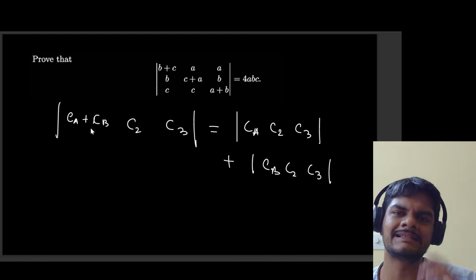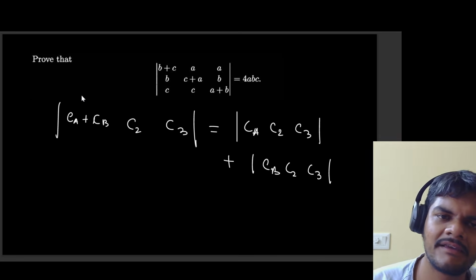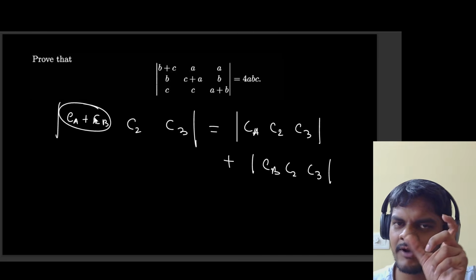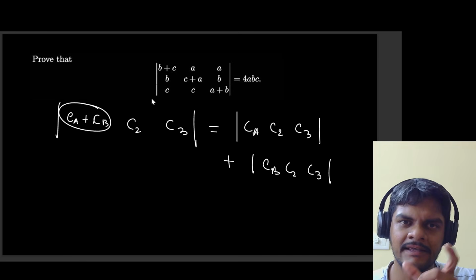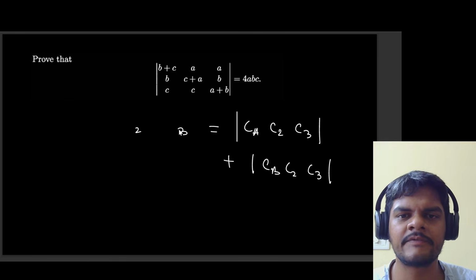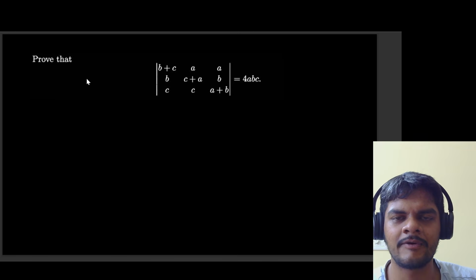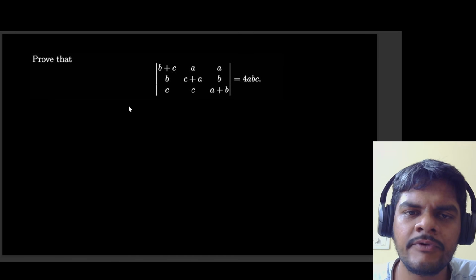So the determinant is linear in one of the columns. If one of the columns can be written as a sum, because we are expanding along a column, and that particular column is written as A plus B or something, so you'll see how I'm going to use that.